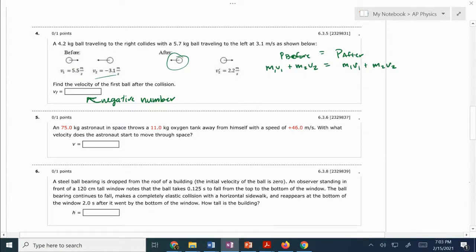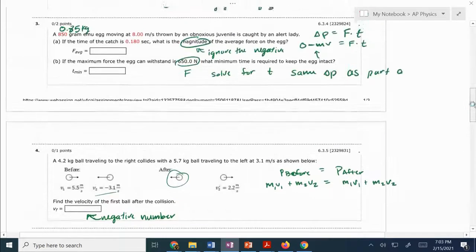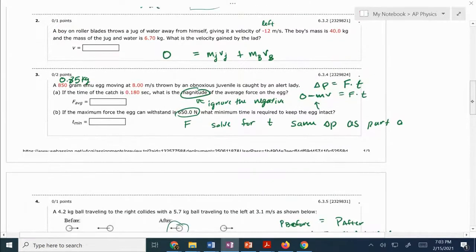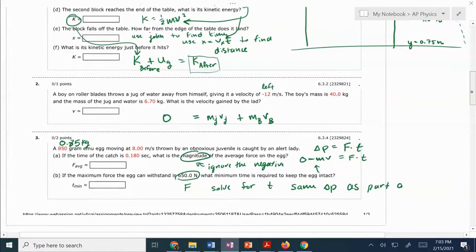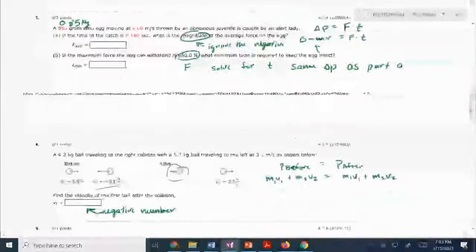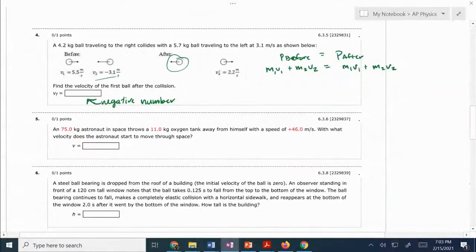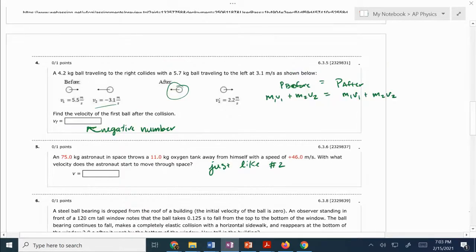Let's see here. This one is very much like number 3. So wait, hang on, sorry, it's a lot like number 2, the kid in the jug one.